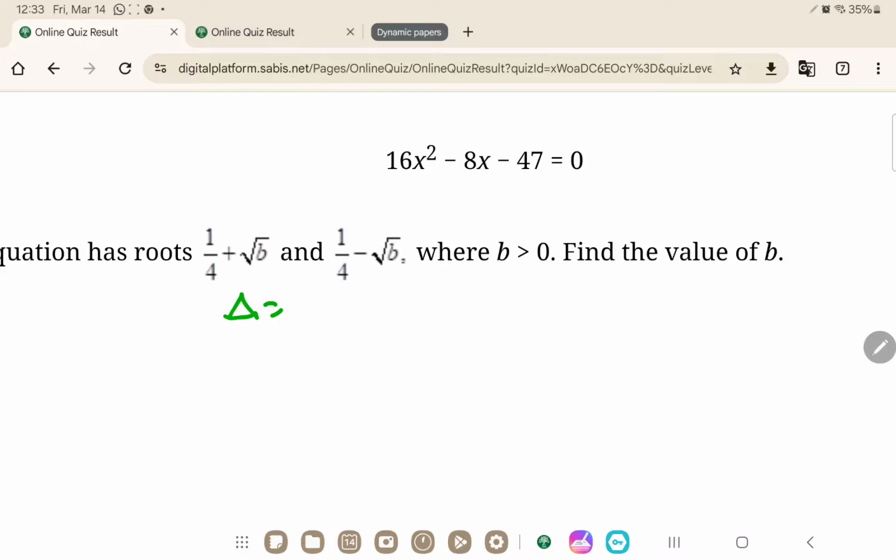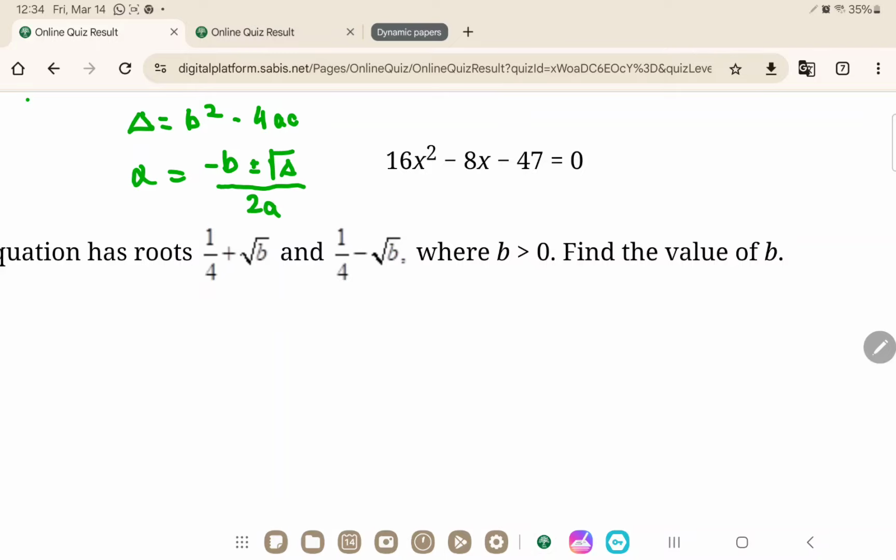Anyways, so delta is equal to b squared minus 4ac, and then the solution is equal to negative b plus or minus radical delta over 2a.